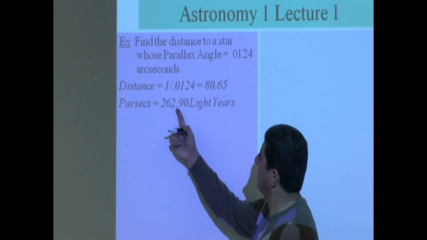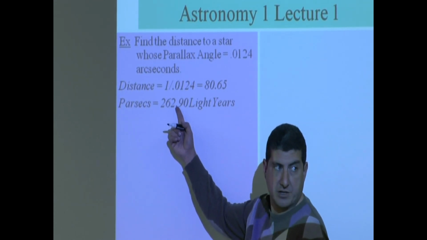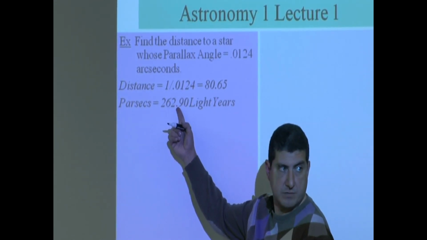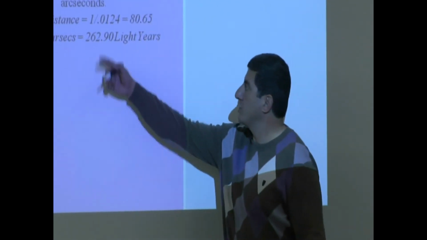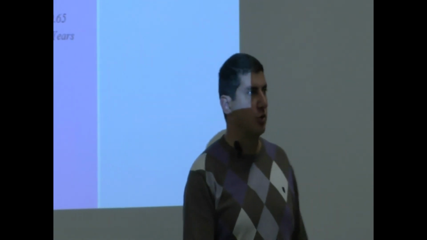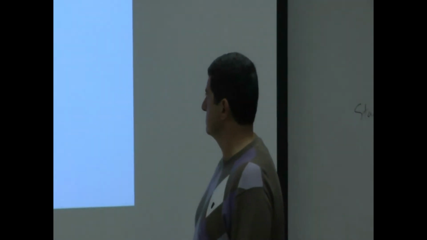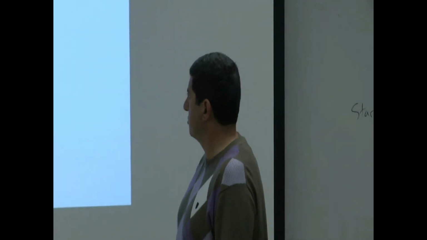And then you're going to convert to light years. How do you convert to light years? Multiply by 3.26. So you get 262.90 light years. That's pretty good. So where did that fit in this scheme?